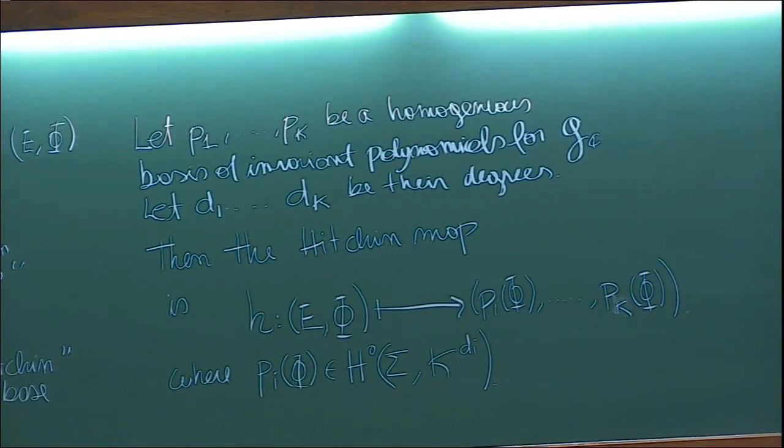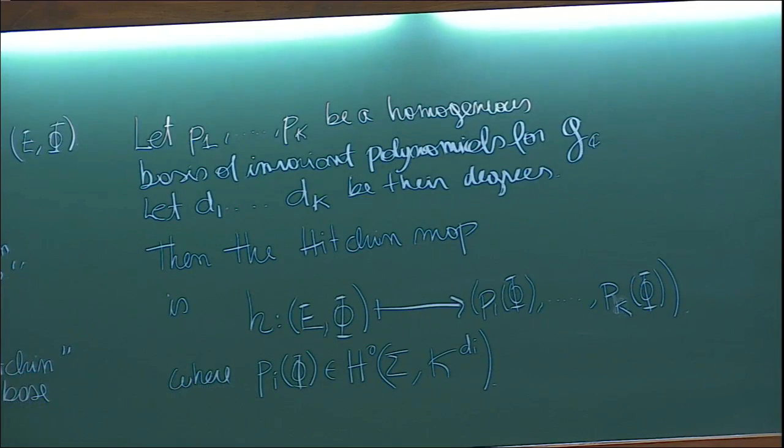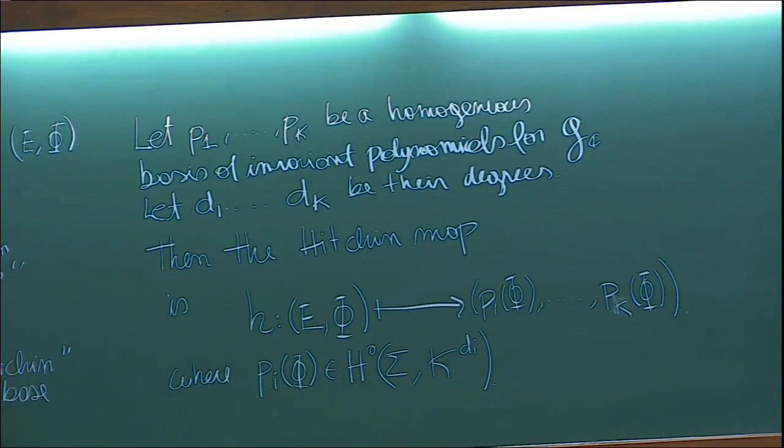We're going to look at matrix groups, so our Higgs field will be a matrix acting on this vector space over each point, and we're going to have these polynomials applied to the Higgs field, and that's going to be our basis. So our base will be the sum from i equals 1 up to k of H0(Sigma, K to the di).